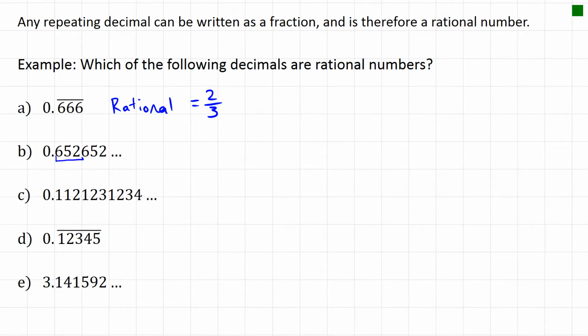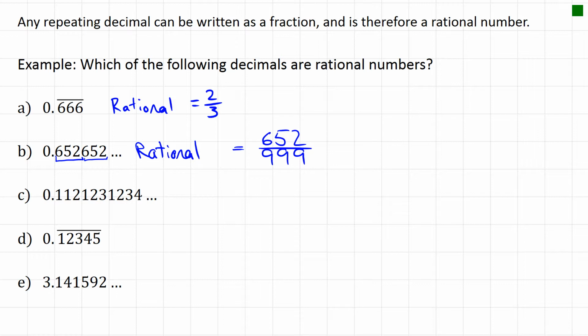Well, we can see repetition, 652, 652. So this is also rational because the decimal is repeating. And in fact, this is a cool trick about nines. We can write this as a fraction as 652 divided by 999. Try that in your calculator and you'll see that it's true.